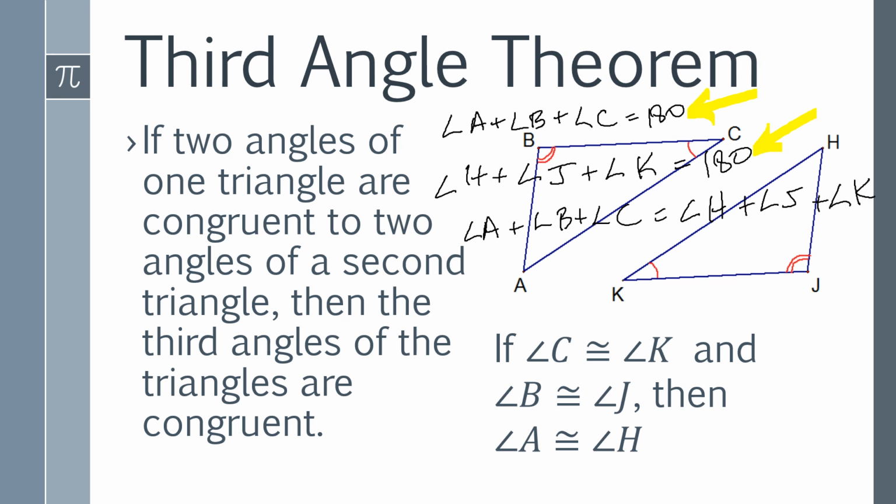Now, we can subtract out things that are equal from each side. I know that angle C is congruent to angle K, so I'm going to subtract those out. And angle B is equal to angle J. Well, then what ends up remaining is the final piece, which is angle A is equal to angle H. Okay?